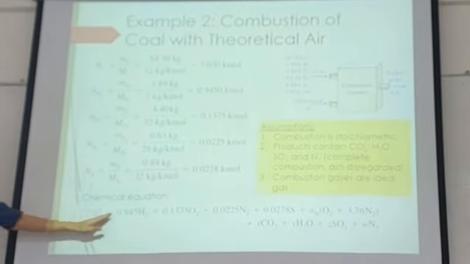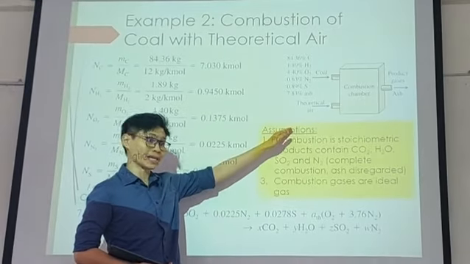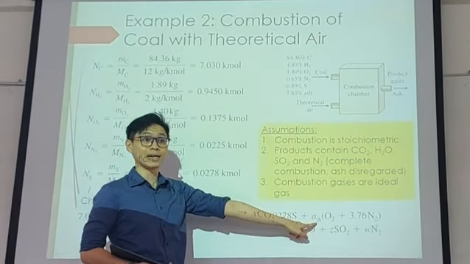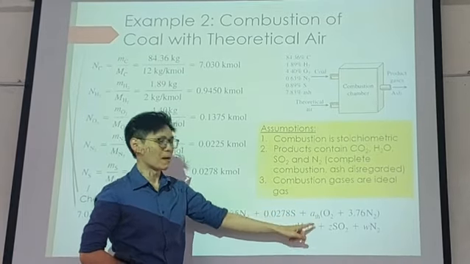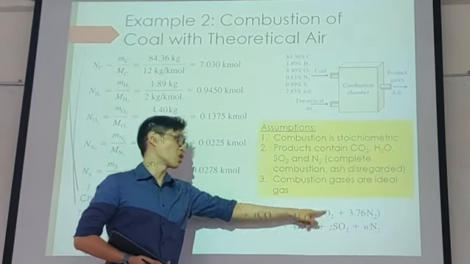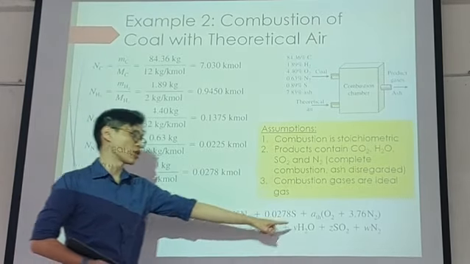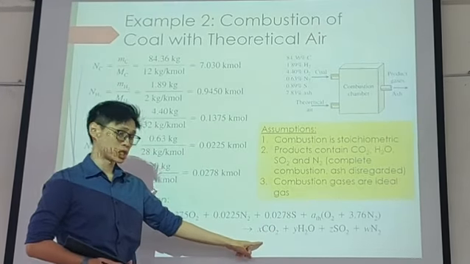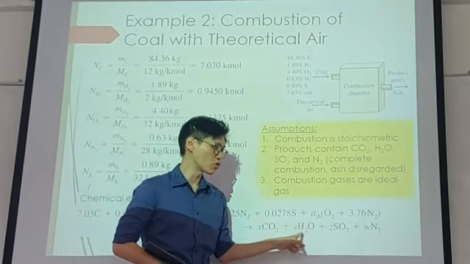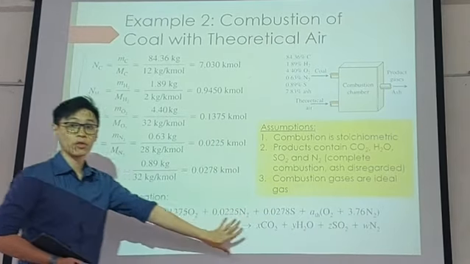So you sub in, then we assume stoichiometric. We do not know what the theoretical amount is, that's why it's not ATH yet. To find the stoichiometric amount, we assume complete combustion: CO2, H2O, SO2, N2. That's all, no other thing.